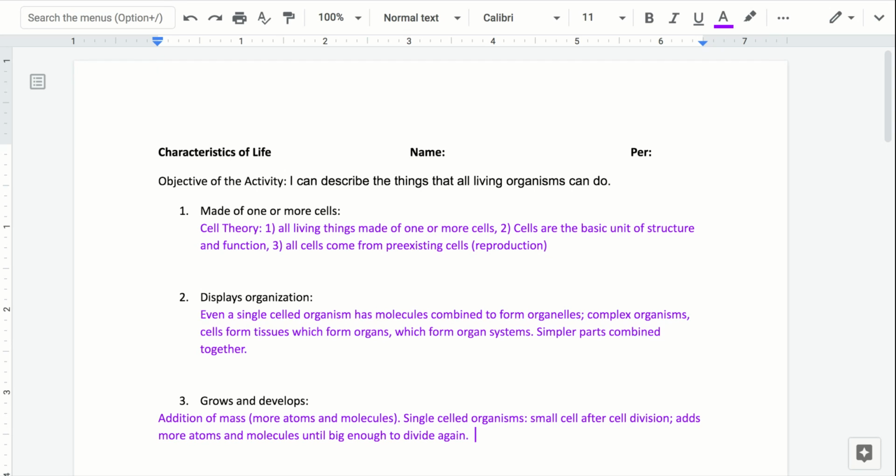And in our case, we all began as one cell. And that cell divided, and then those cells divided until we now are made of tens of trillions of cells.